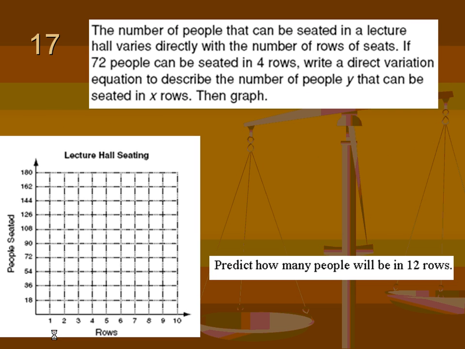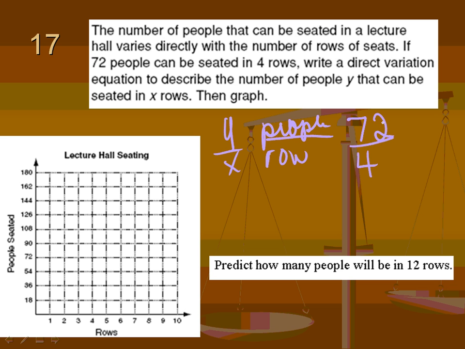All right, let's try the next one. It's a little bit easier. We have a lecture hall seating. We need to divide, so we've got to find y by x. Y is the people, and x is the rows. I have 72 people, and I need to put them in 4 rows, and that gives me 18 each.